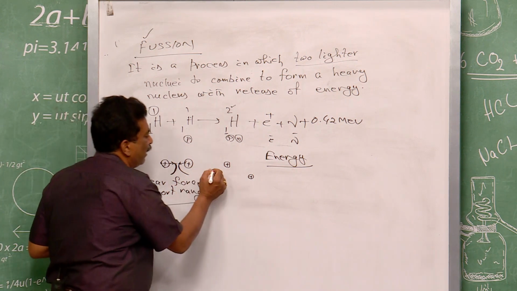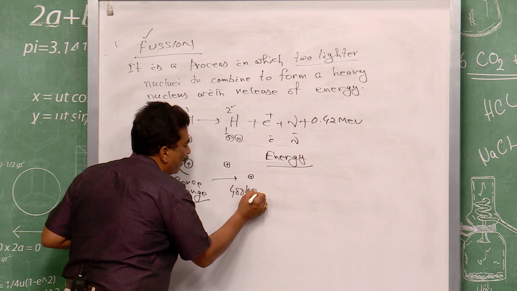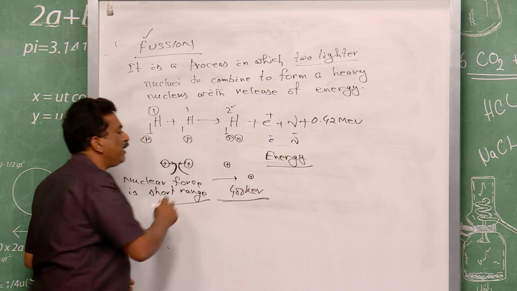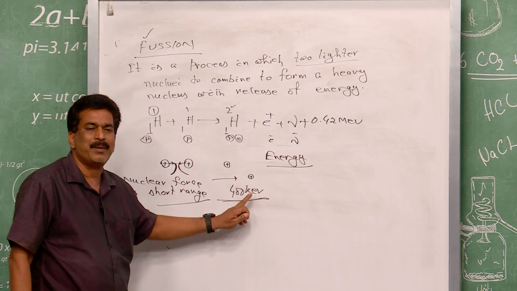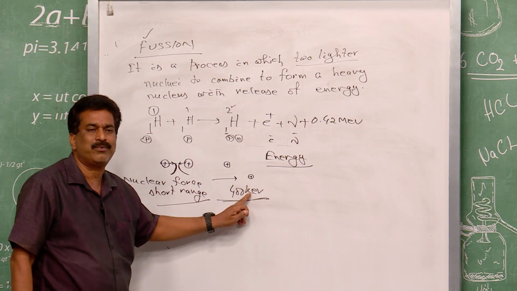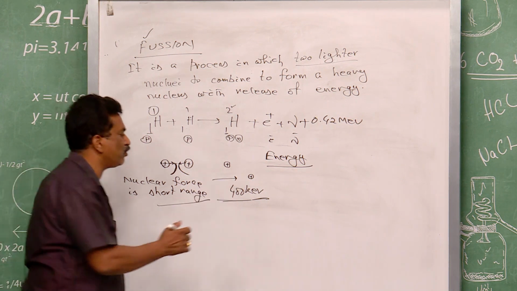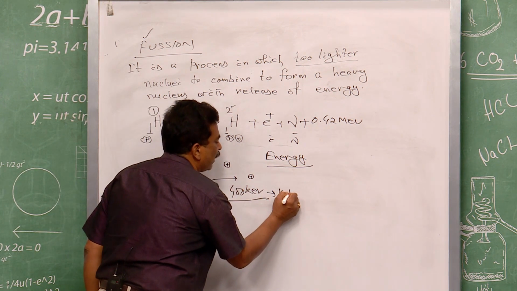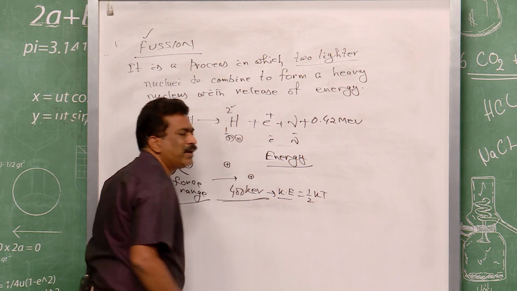When that energy is supplied, the amount required is 400 keV. This amount of energy we have to give, and it is the kinetic energy, which equals half kT.